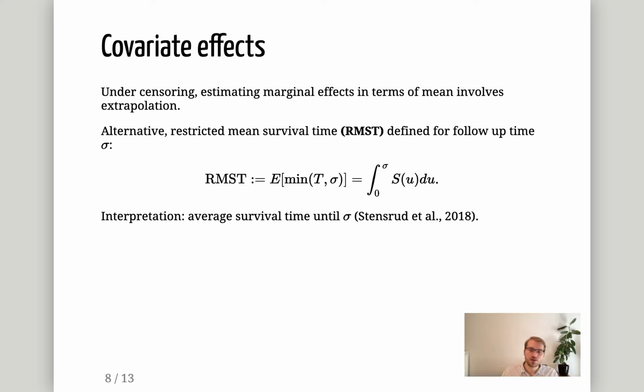The idea is to have a measure which can be interpreted as the average survival time until the follow-up time sigma. So we can interpret this directly in terms of an average survival time, which is more intuitive for many practitioners.